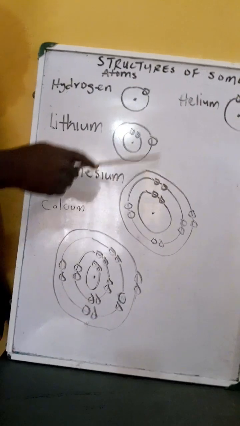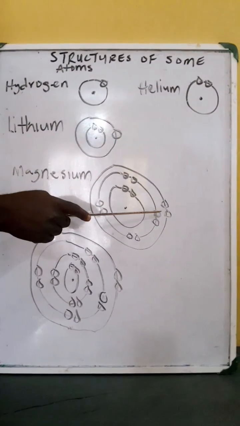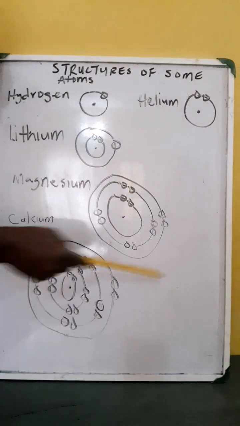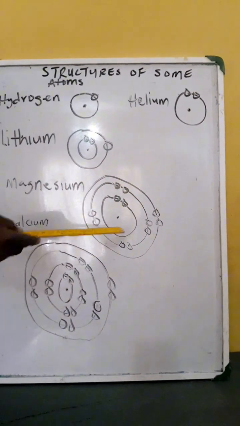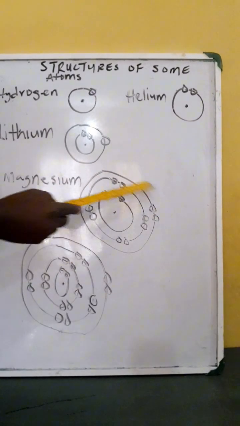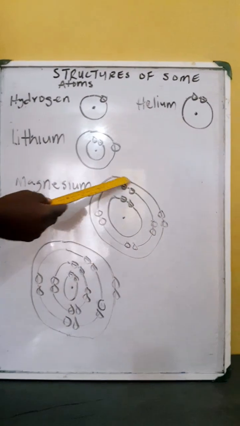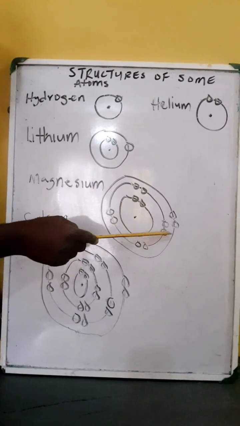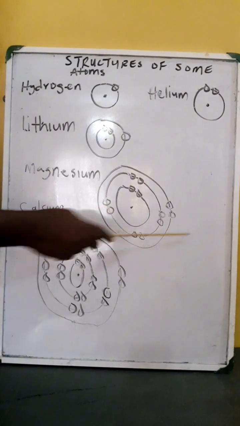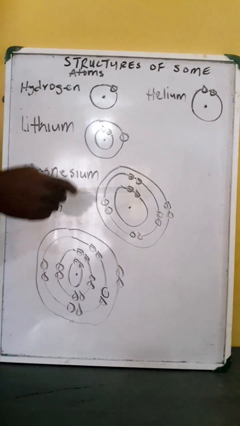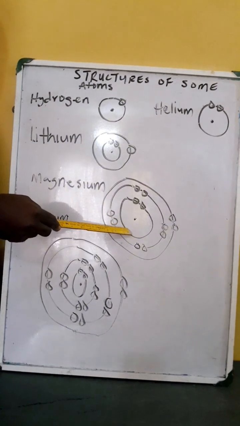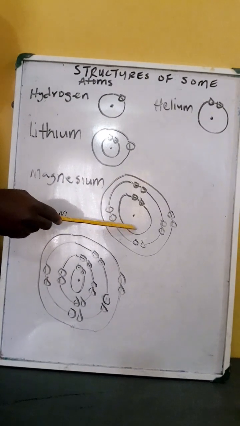Here is 1, but I've included 1, 2, 3, 4, 5, 6, 7, 8. Once you fill in the 8 electrons in the second shell, you are to draw another shell. If you count 1 to 12, the atomic number of magnesium is 12, meaning that it has 12 electrons and 12 protons. Remember, the protons are located in the nucleus. That is where the protons are located.